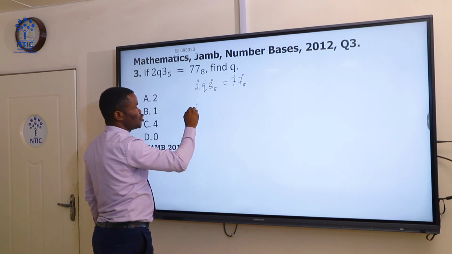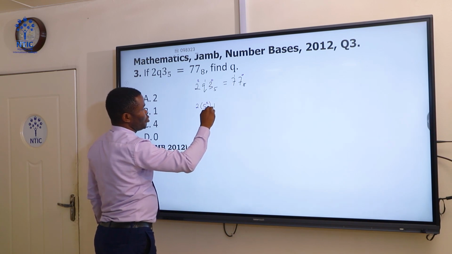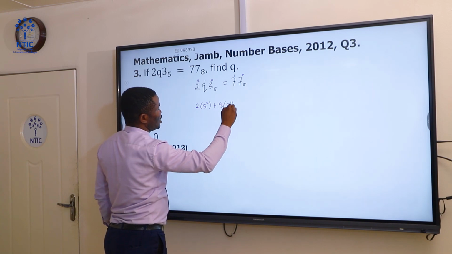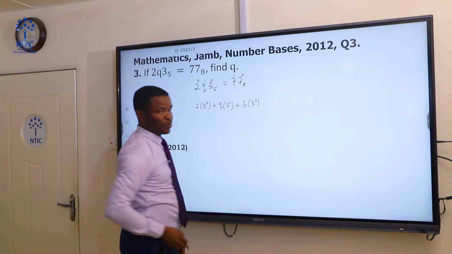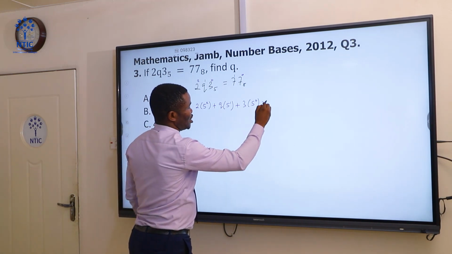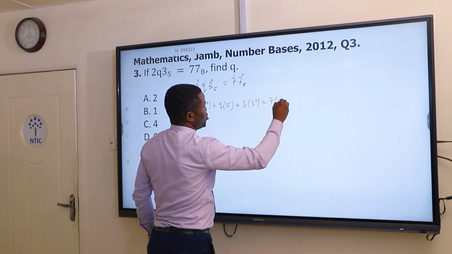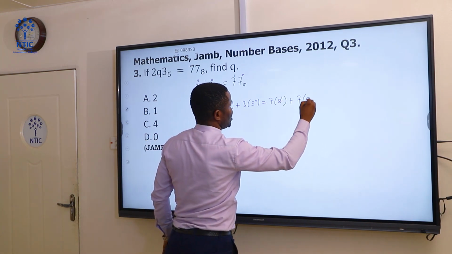So first, this is going to be 2 times 5 raised to power 2 plus q times 5 raised to power 1 plus 3 times 5 raised to power 0. Then equal to 7 times 8 raised to power 1 plus 7 times 8 raised to power 0.